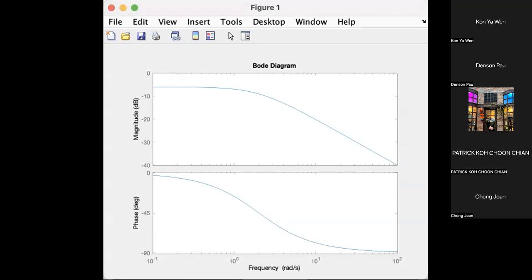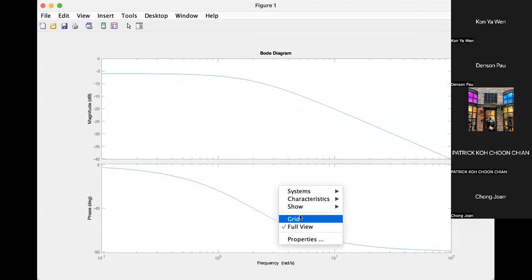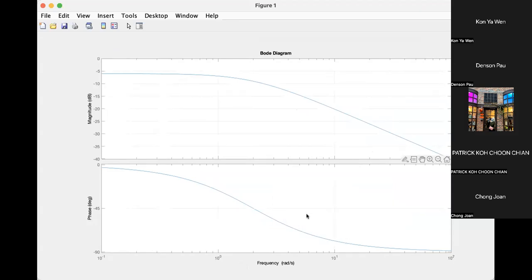Yes, Prof. Great. I share it in the WhatsApp. Okay, 1 over s plus 2. Then you can still scan the value of the magnitude at 2 radian per second.